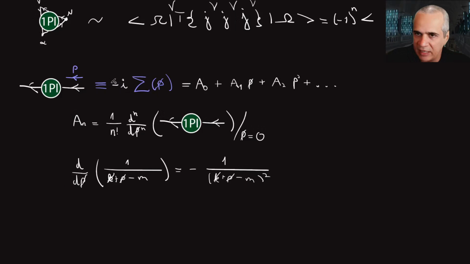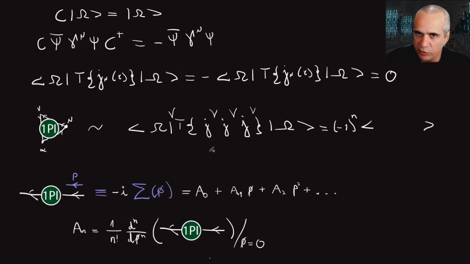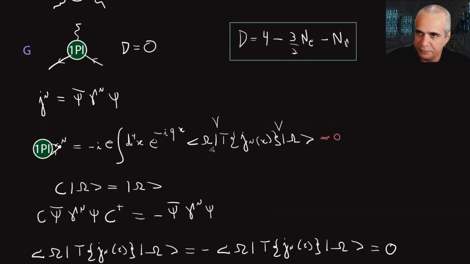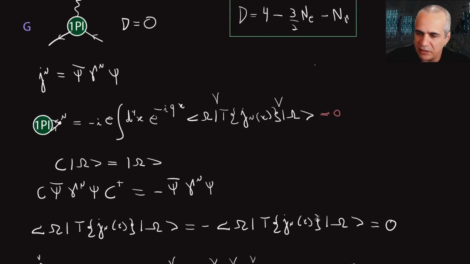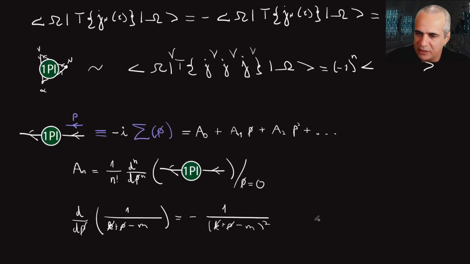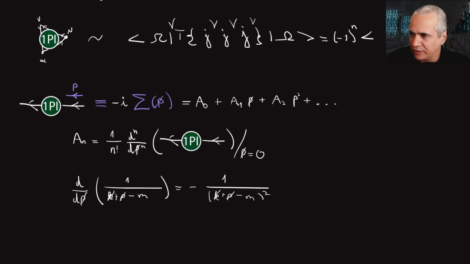as we did the analysis of this diagram and concluded up here that the superficial divergence for the whole thing is 1, right? That means that naively, this guy would be superficially divergent as a linear function of the cutoff, lambda.